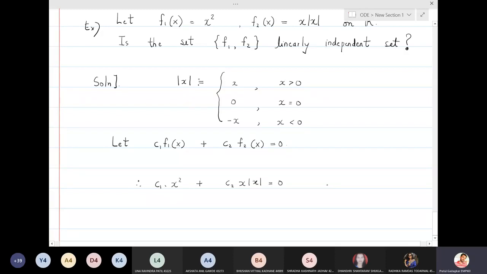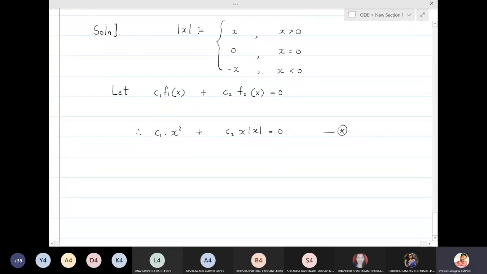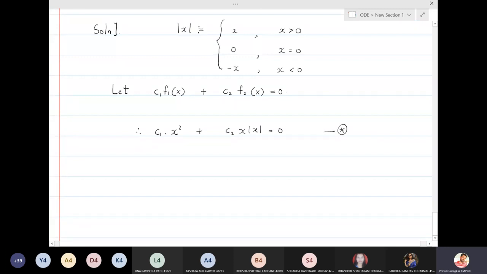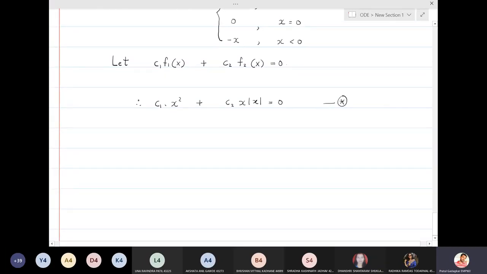This I'm calling equation star. Now obviously I will not put x equal to 0, because if I put x equal to 0, I will get 0 equals 0. So let me take x to be any positive number. Let x be equal to, suppose, 1.